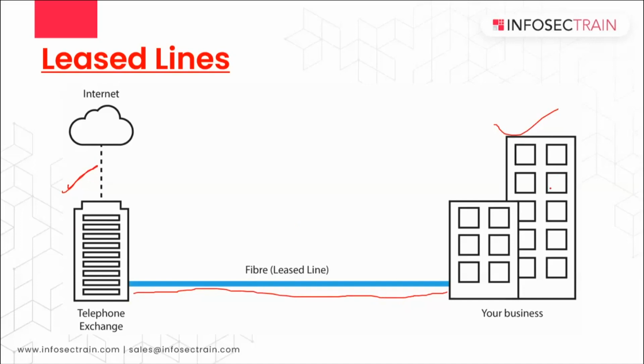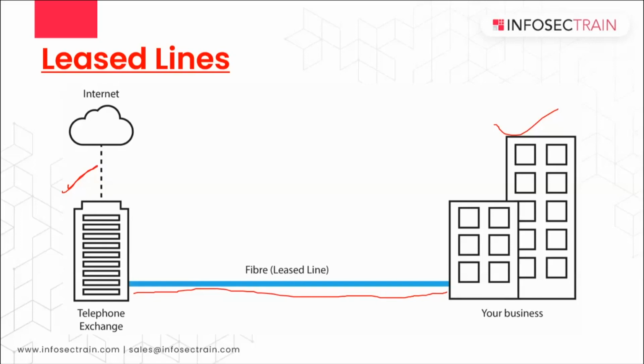Just like you lease an apartment, an office, or a building, in the same way you are leasing a particular line which will have only your connectivity, no other connectivity. That's what we call a leased line: a cabled point-to-point connection, a dedicated communication link that you have leased from your service provider.